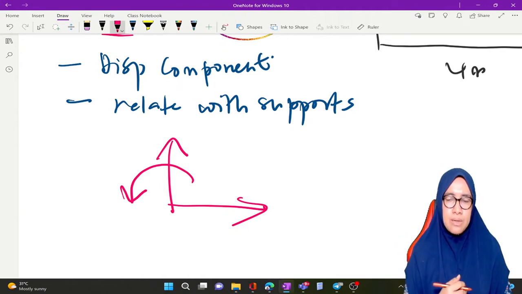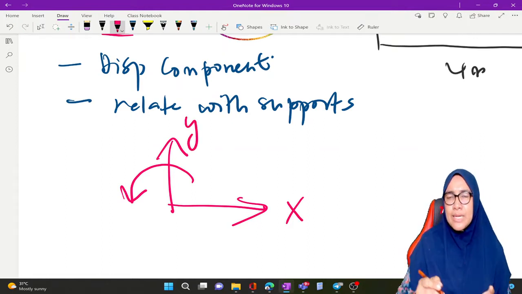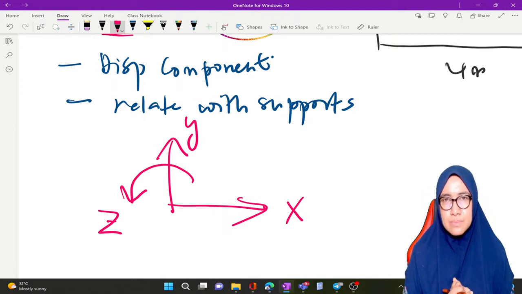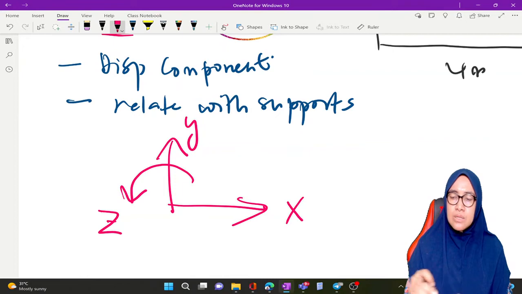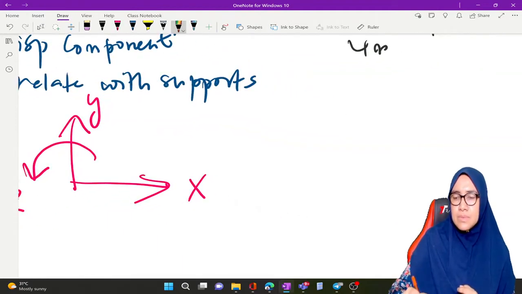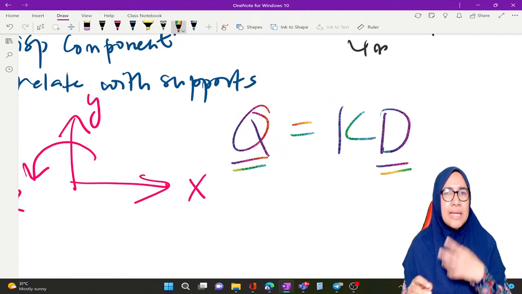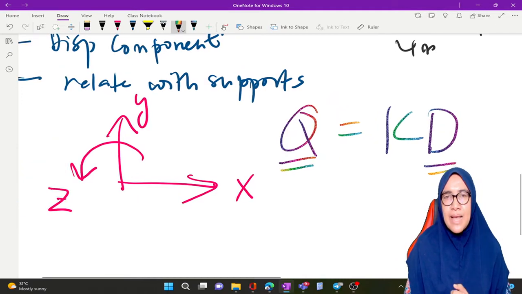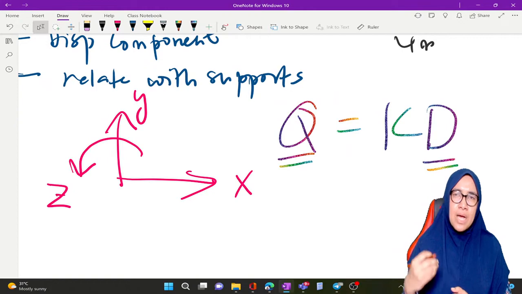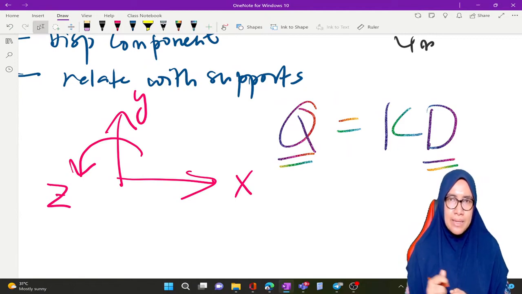This is the three components. We have component in X, component in Y, and component in Z, and these components must be related with Q and D. This means we have to have Q under these three components, and we have to have displacement under these three components.